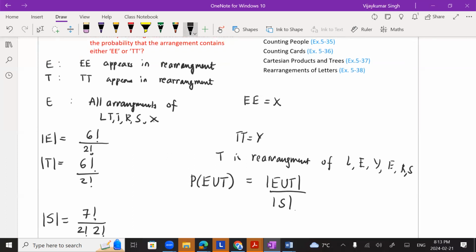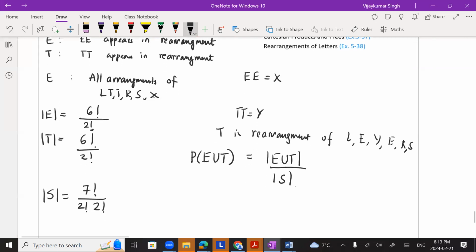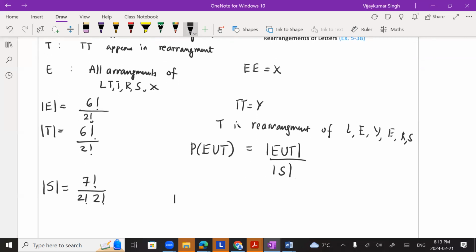We have already figured out the size of E. The size of E union T is the size of E plus the size of T, which we also figured out, minus the size of E intersection T. So we need to figure out E intersection T.